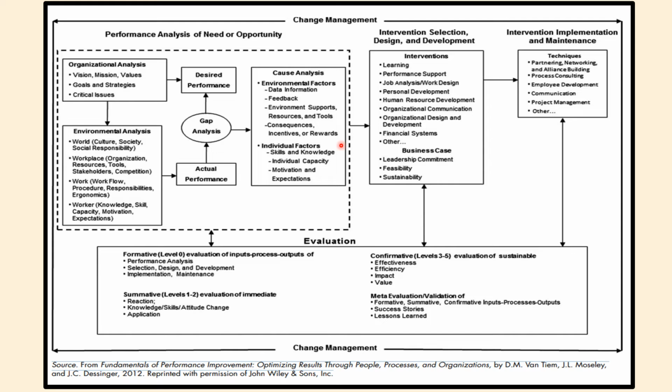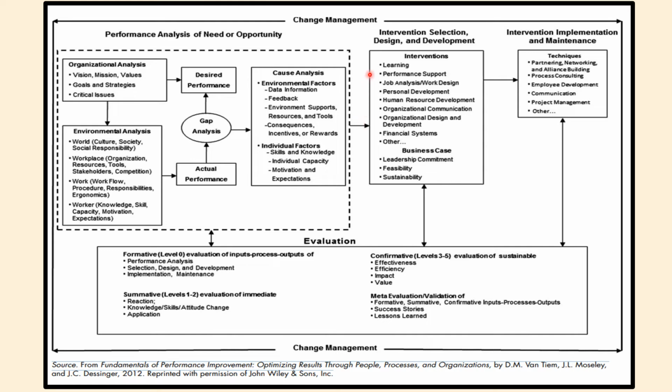Then in the flow of the model for HPT, you want to select an intervention that is going to be effective, and design and develop it appropriately. We have different areas to look at for interventions and think about how they could be used and applied to educational technology for use in the traditional classroom and the educational system.